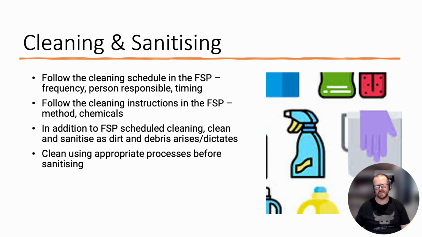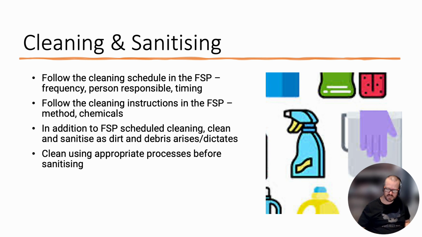Last couple of points here now. We're talking about generic requirements that apply to maintenance of food utensils. You can see there FSP, that's talking about the food safety program. Essentially it's follow the food safety program for frequency, person responsible, what we're going to use, the method, the chemicals, how often, and in what order.